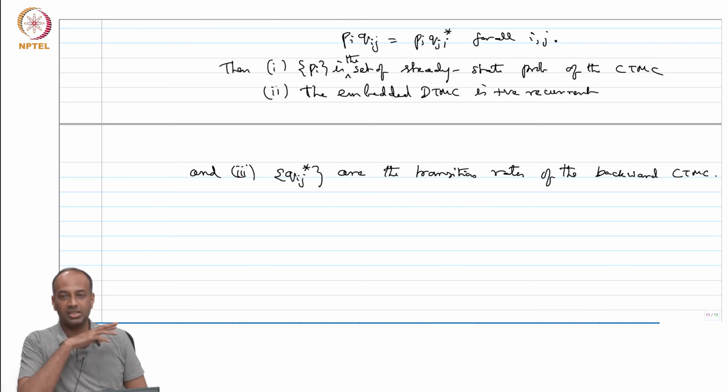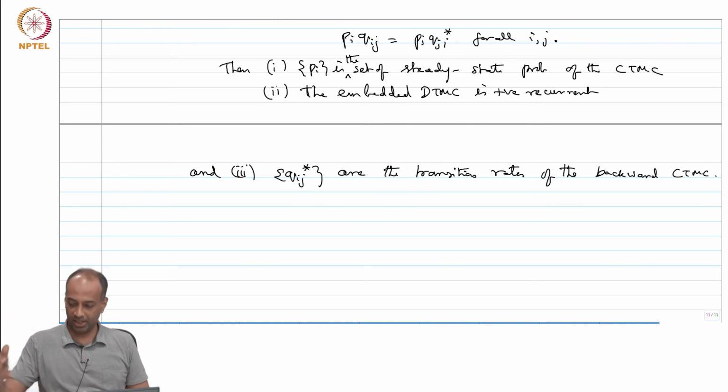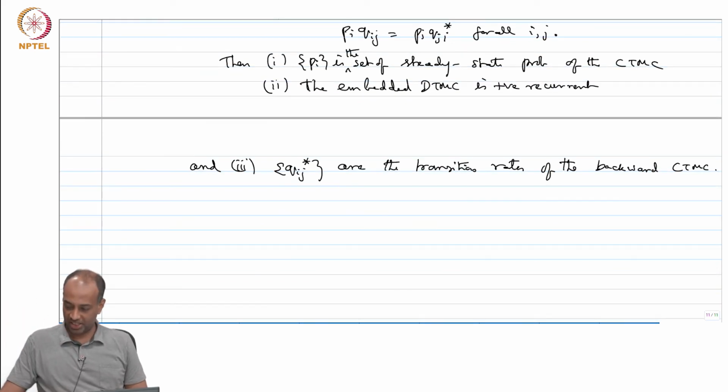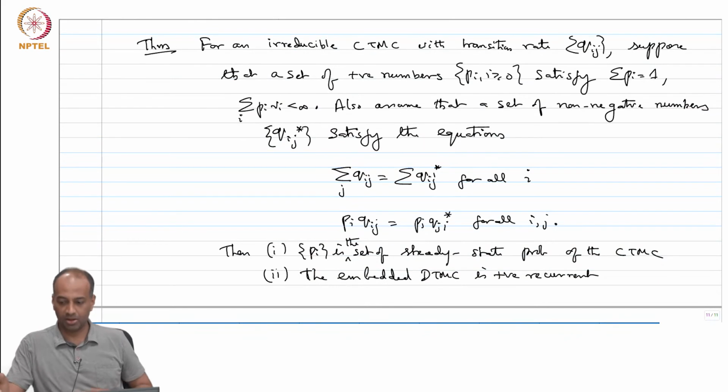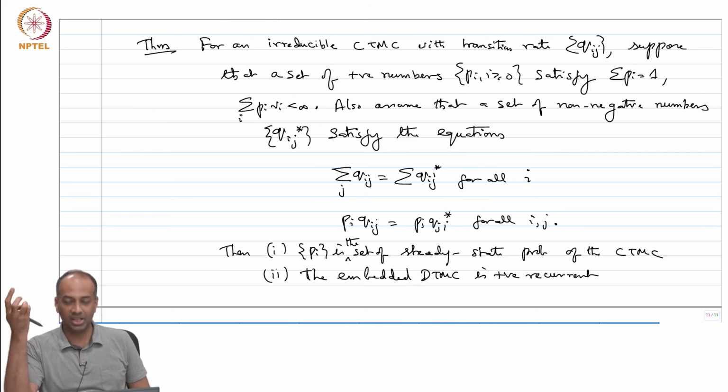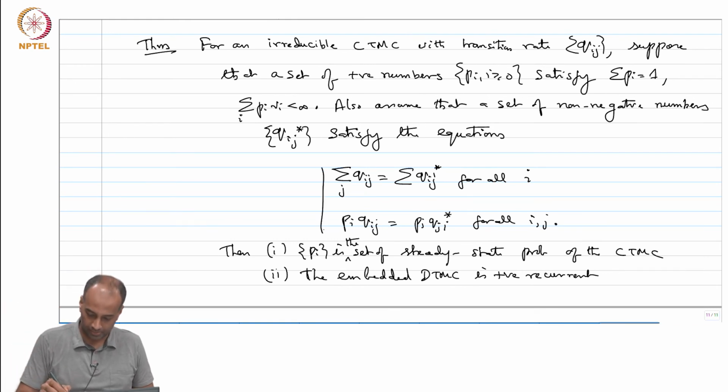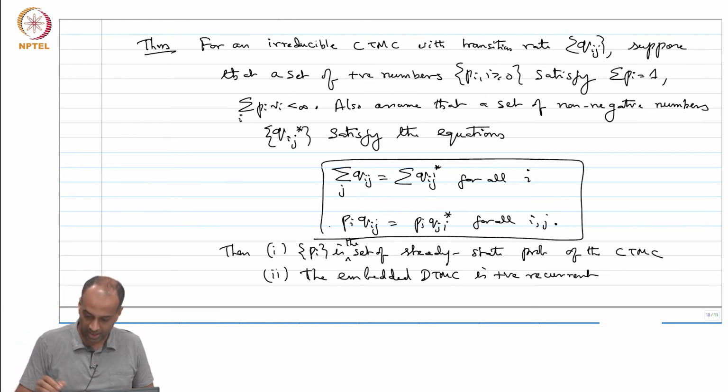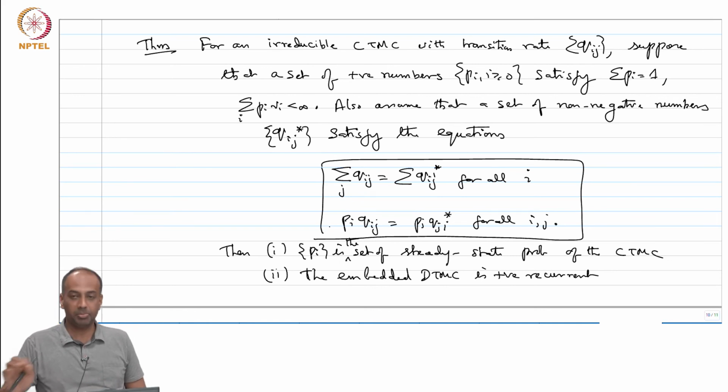So, you have a CTMC running in forward time, with the rates given by Qij, and somehow you manage to guess some numbers Pi and some numbers Qij star. You do not know anything about these numbers except that the Pi sum to 1, sum over Pi nu i is finite. Also this Qij star satisfy the two equations shown here. Then Pi's are in fact your steady state probabilities.